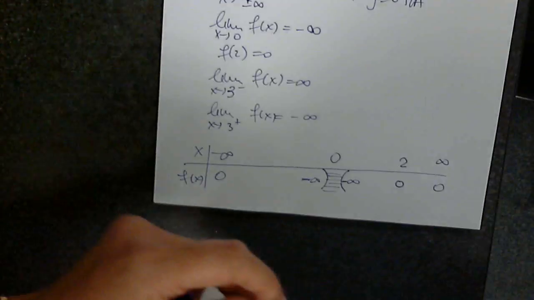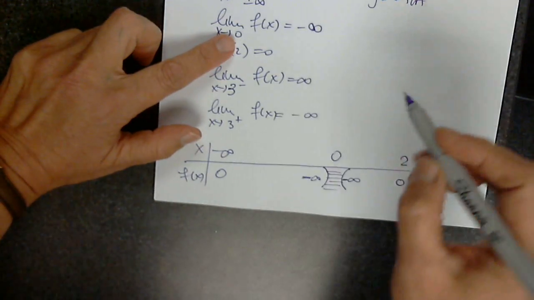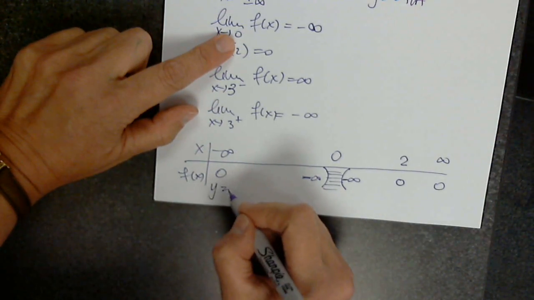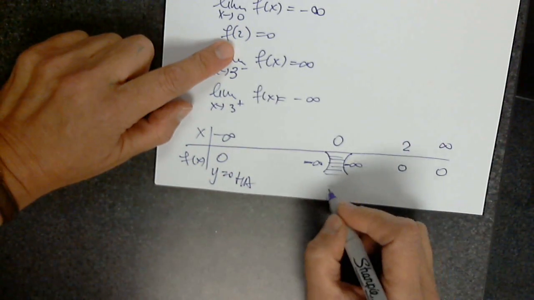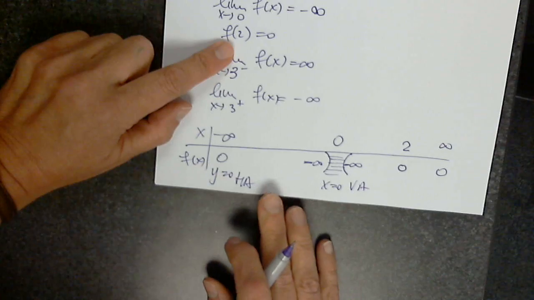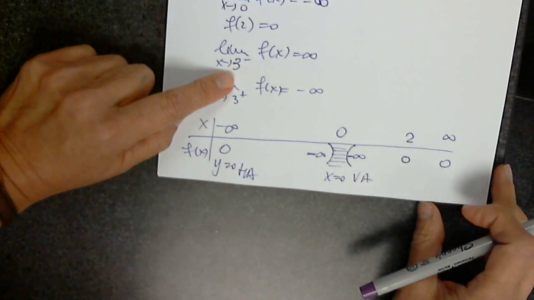Okay? So this is done. So y equals 0 is an HA on both sides. 0 from the right, so it appears that x equals 0 is a VA. F of 2 is 0, fine.